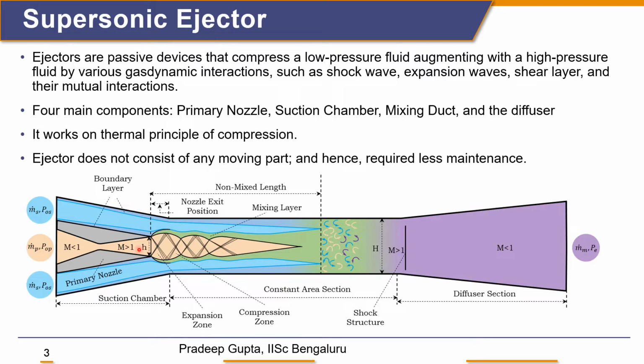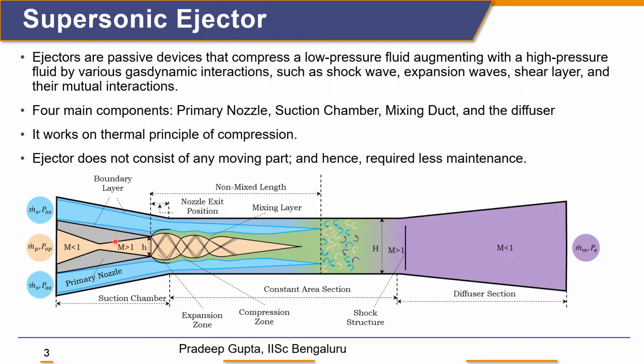The primary fluid enters the ejector through a supersonic nozzle, which is a convergent divergent nozzle. In the convergent part, as the area decreases, the primary flow accelerates and reaches sonic velocity at the nozzle throat.